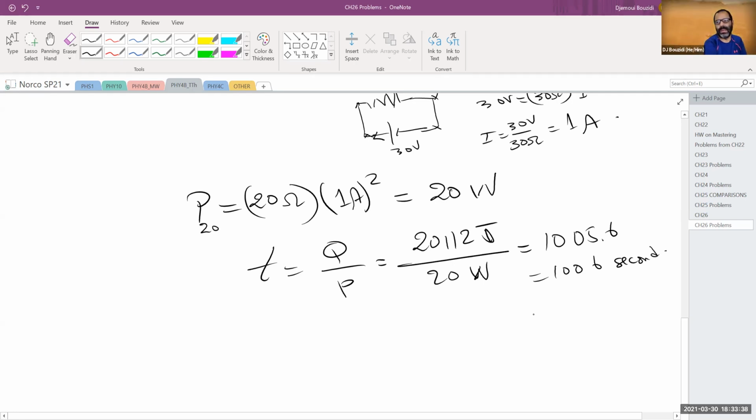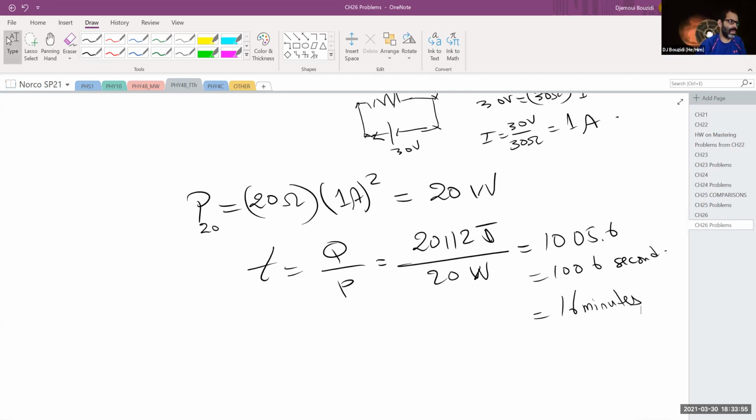How many minutes is that? Divide that by 60 and take the remainder as seconds, okay? So 1,006 divided by 60, the answer is 16 minutes. 60 seconds times 16, subtract that from 1,006.